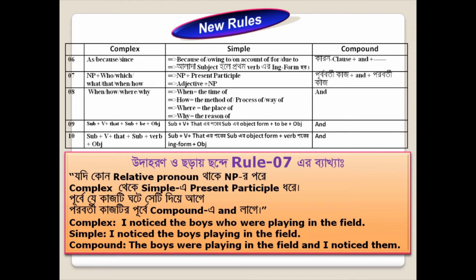In compound, you will have to use and, but you will have to remember, you will have to use the action clause that occurs before and then you will have to use the action that occurred later.